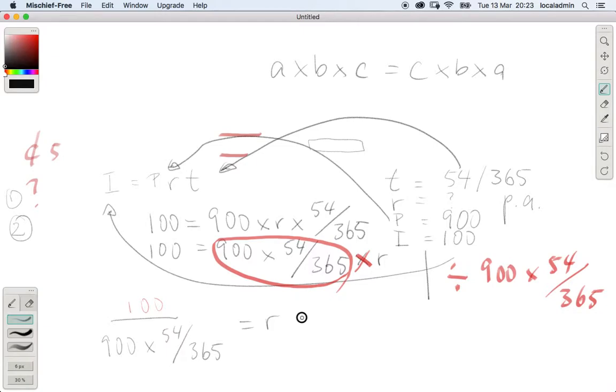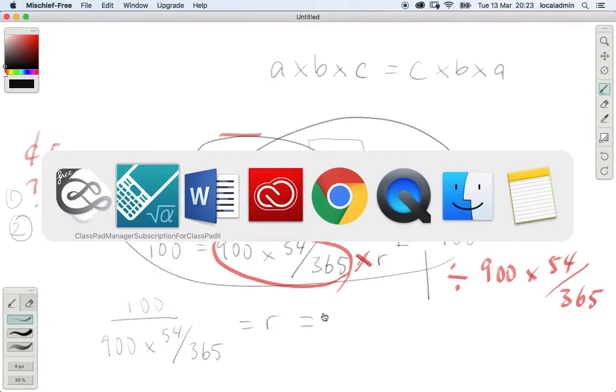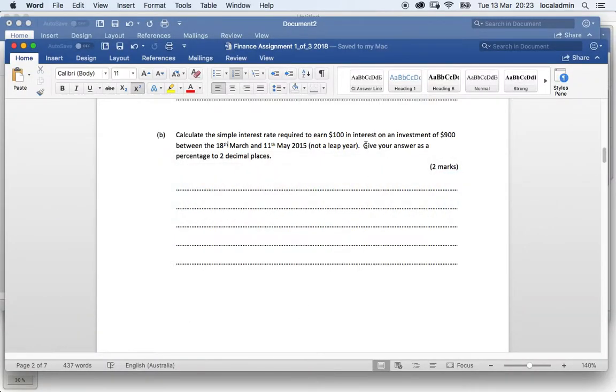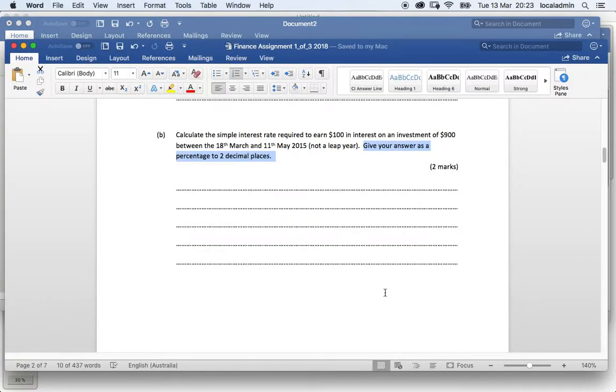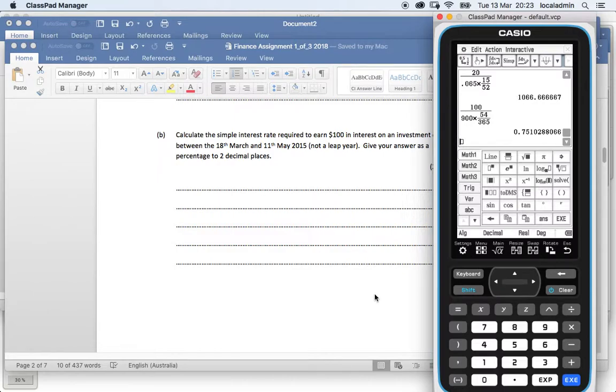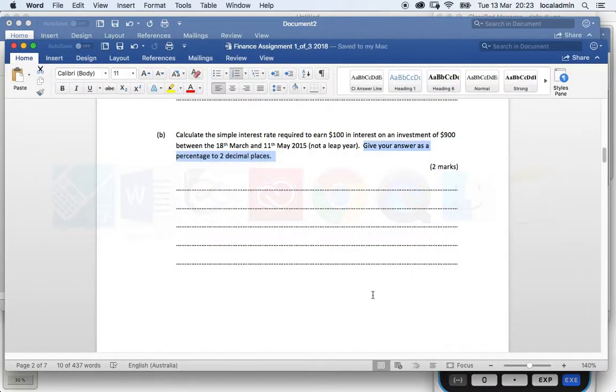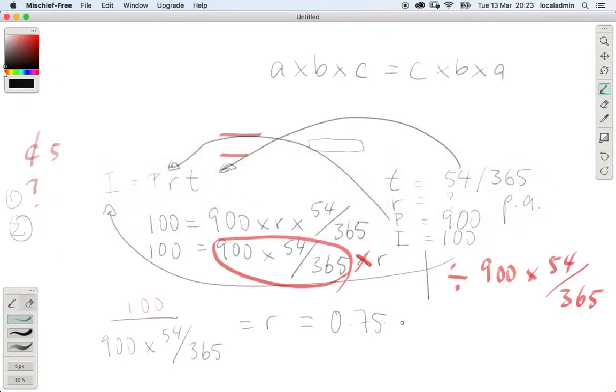Well, the question clearly said, give your answer as a percentage to 2 decimal places. So right now we've found that the number is 0.75102888. Now we need to turn this into a percentage.